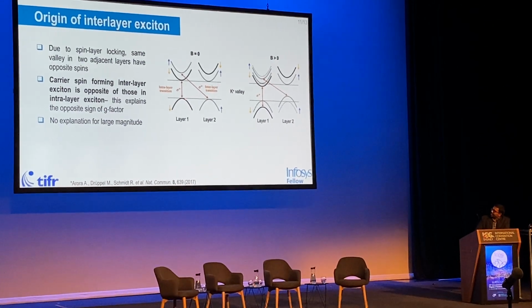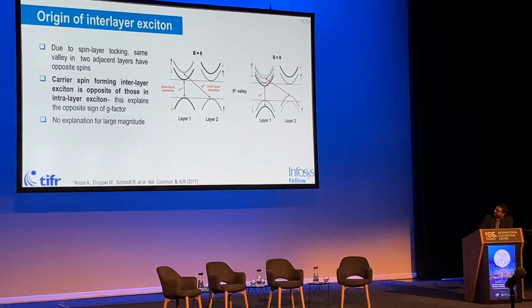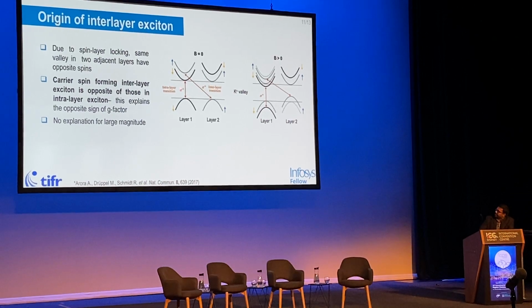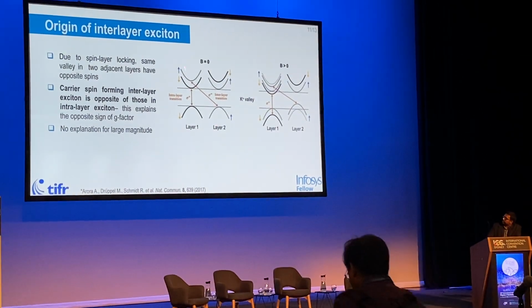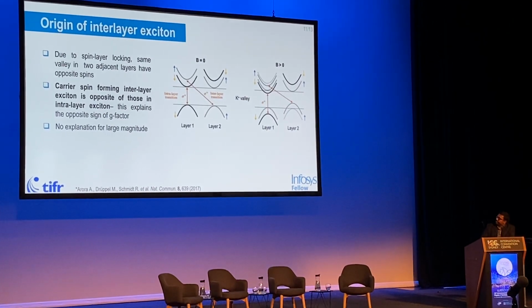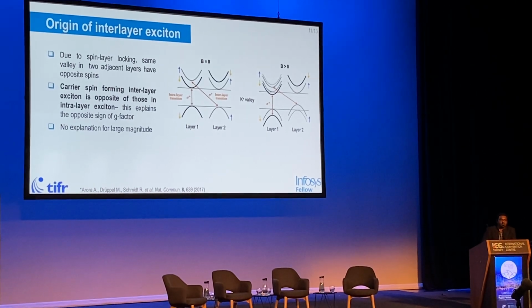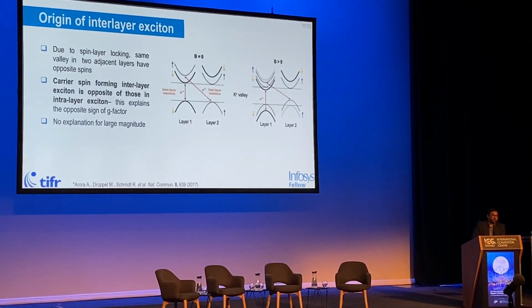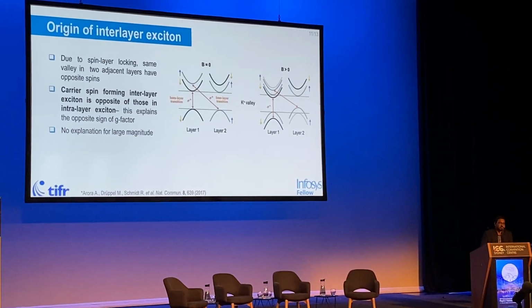And if you see this interlayer transition, the carrier spins forming the interlayer transition and intralayer transition are different. So this is down, down, but this is up, up. So it explains why the sign of the G factor should be opposite, but why the value is very large, positive 11, we still don't know.